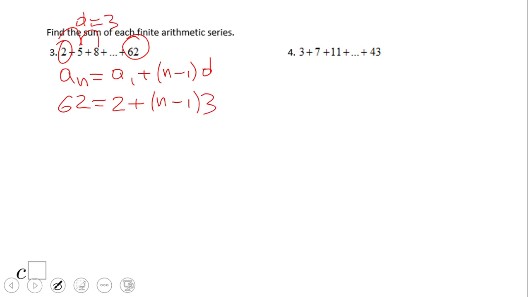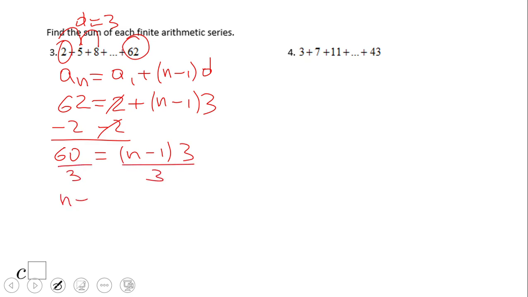As you notice, this is an equation in n. I think the best way to solve it is by subtracting 2 and then dividing by 3, that will give you n minus 1 equals 20, so n will be 21. I think it's easier than the distributive property, but you can also use the distributive property here.